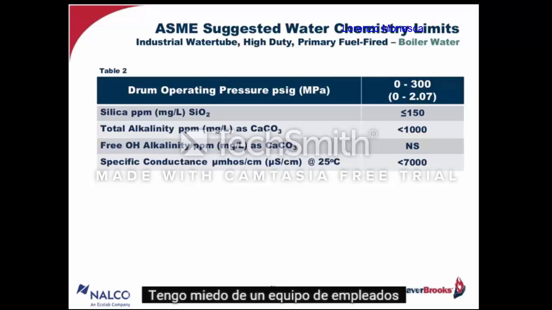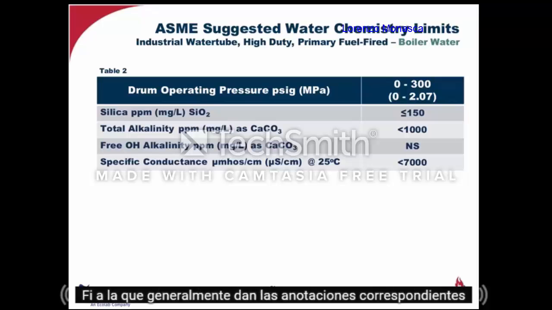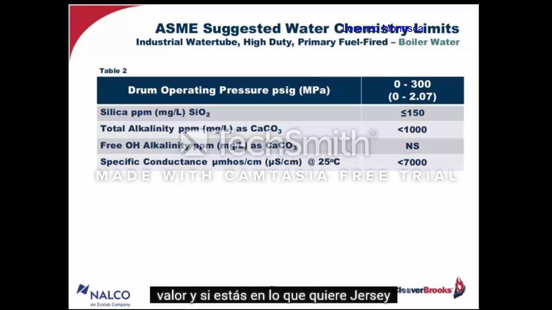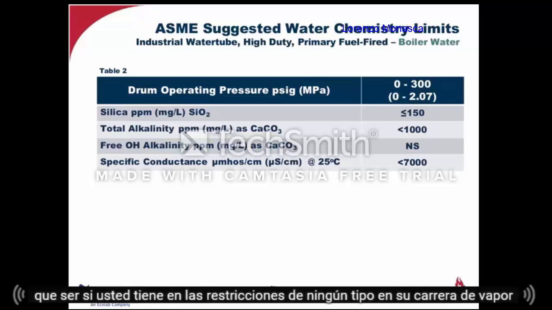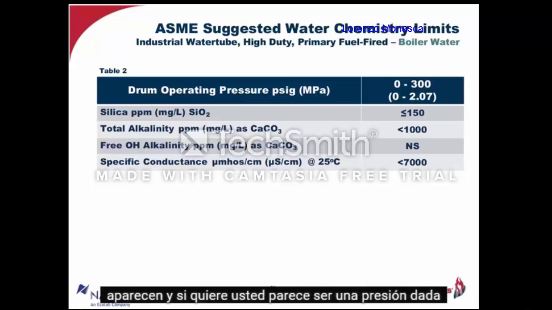If you multiply the conductivity value that I showed by a factor of roughly 0.65, you generally yield the corresponding TDS value. And the purer that you want your steam to be at a given pressure, if you have any restrictions whatsoever on your steam, the lower your TDS has to be in the boiler.